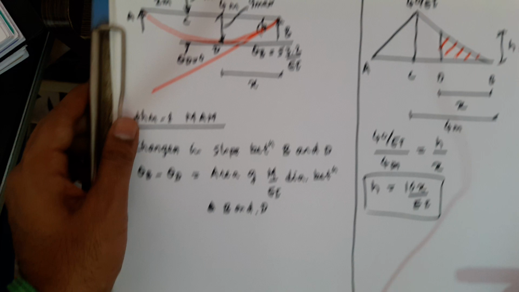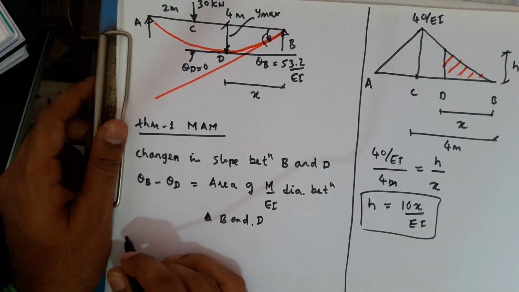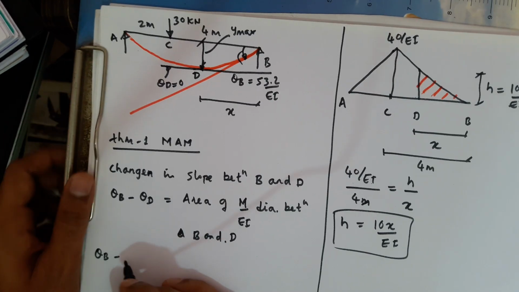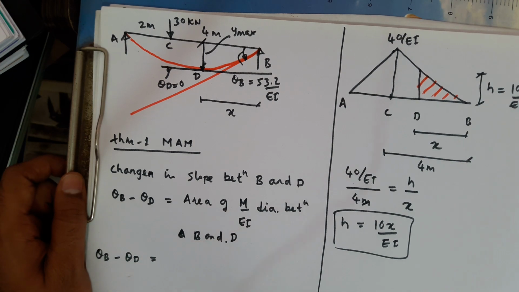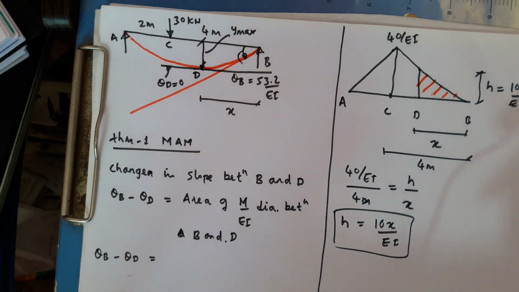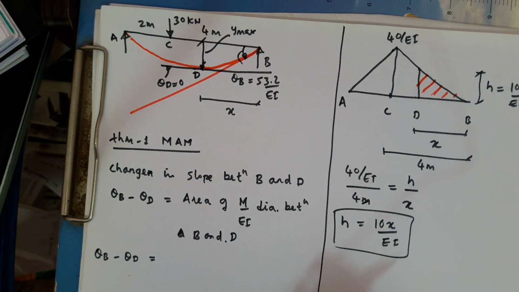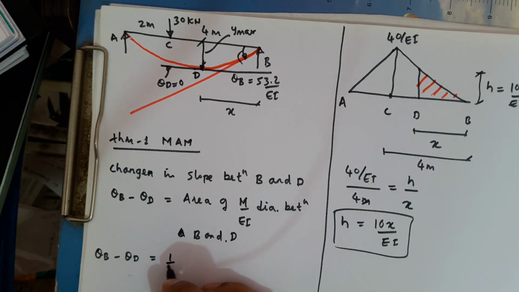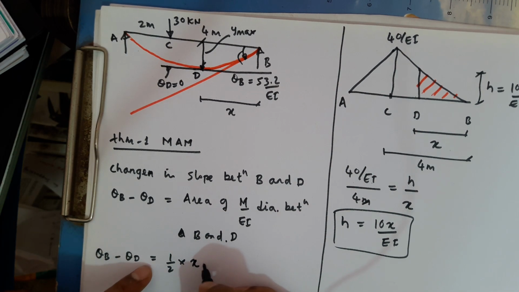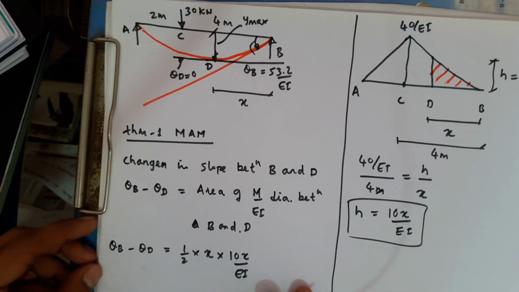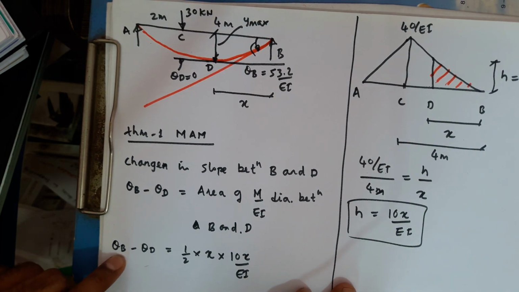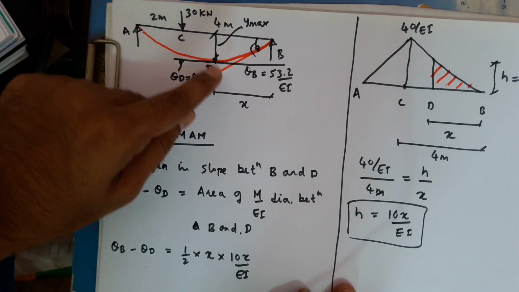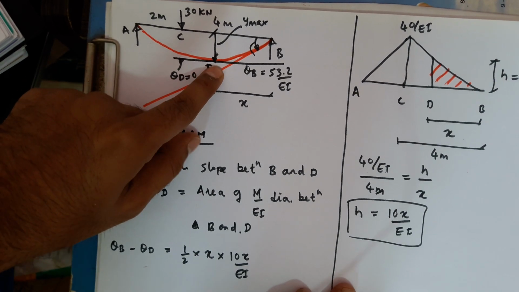Now we can write down here, theta B minus theta D equal to the area of the M by EI diagram between B and D. Between B and D, the base is x. It's a triangle, half into base into height, 10x by EI. We have already calculated theta B, and we know theta D is 0 because at point D you have maximum deflection.